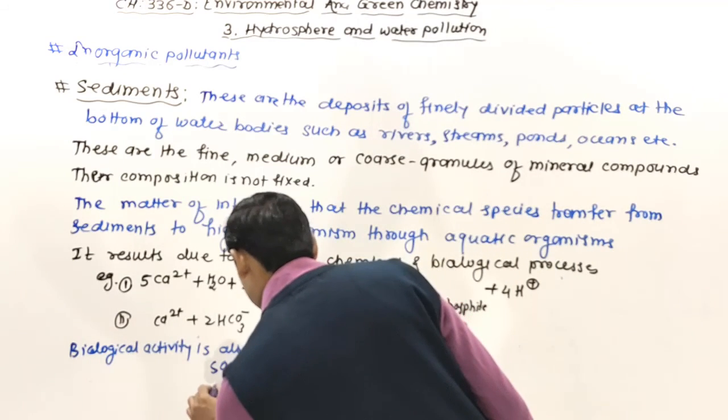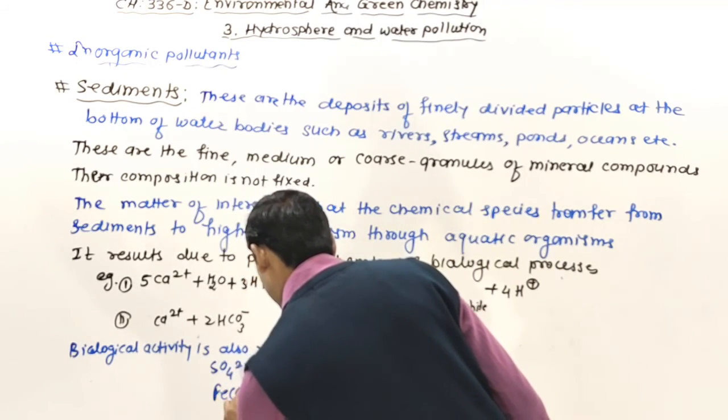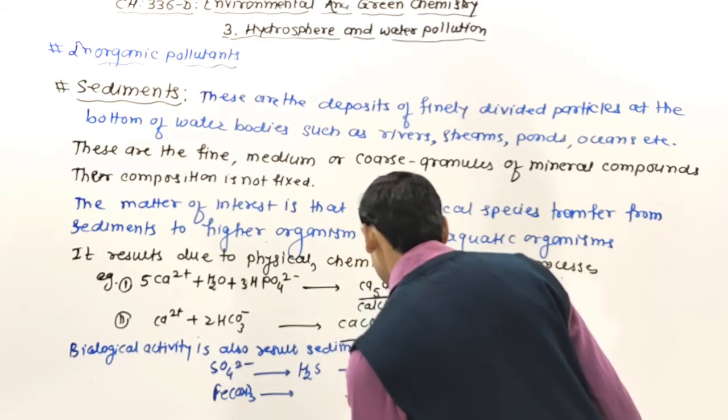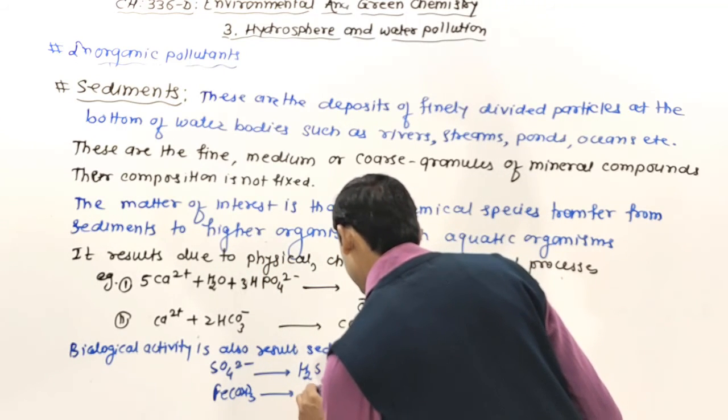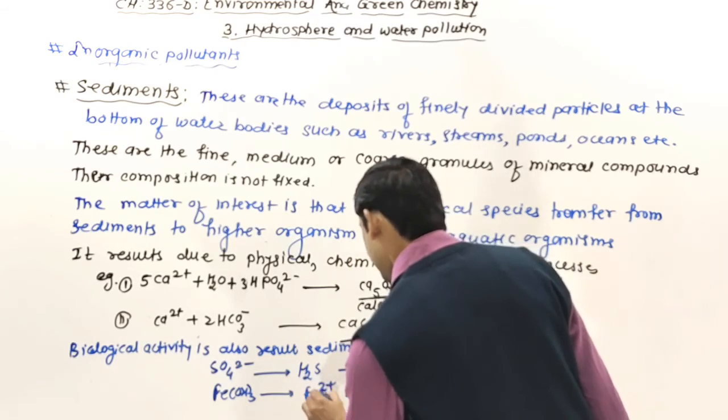If we have ferric hydroxide, upon reduction it gives Fe2+.